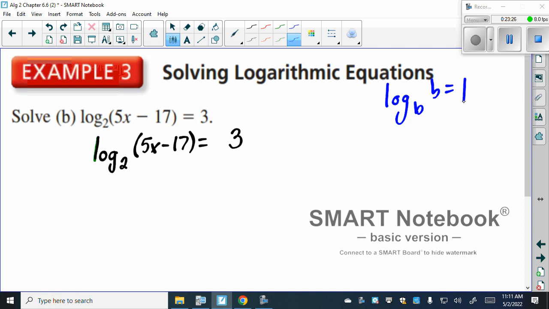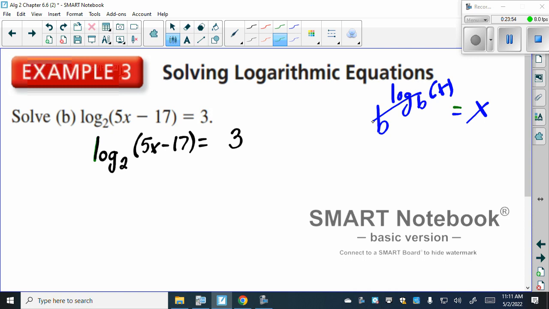Now the other one that we had was b to the log base b of x is equal to x. If we have an exponent to a log with the same base as what the exponent is, these cancel out, they undo each other, leaving us with what's inside.